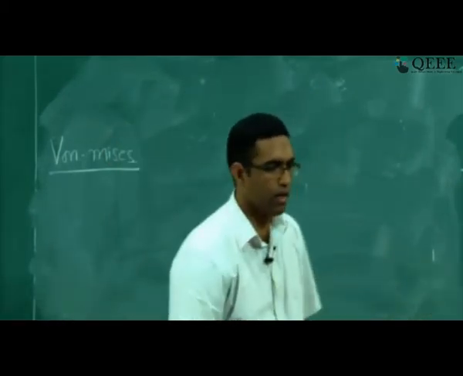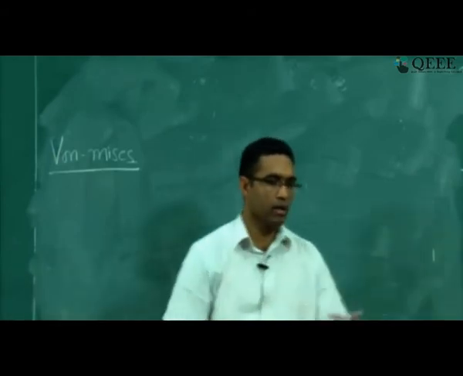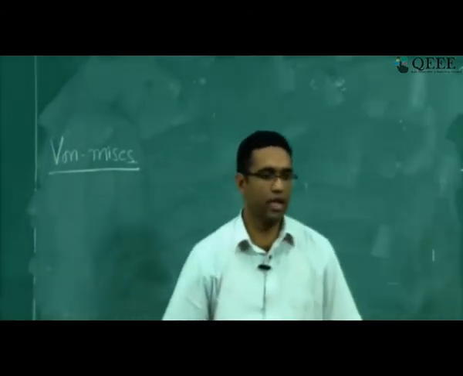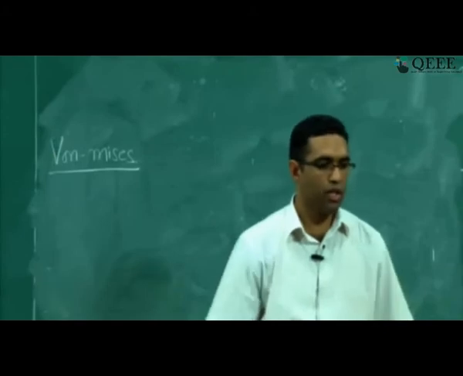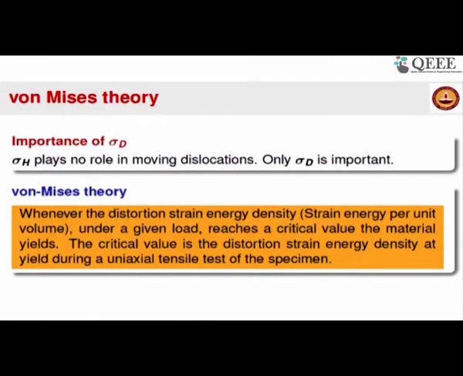So that is told to you on slide number 17. Whenever distortion strain energy density, the strain energy per unit volume under a given load, reaches a certain critical value, the material yields. The critical value is the distortion strain energy density at yielding during a uniaxial tensile test. We will come to that a little bit.